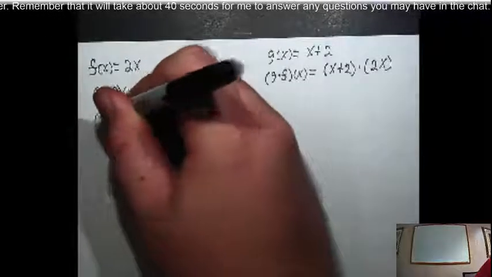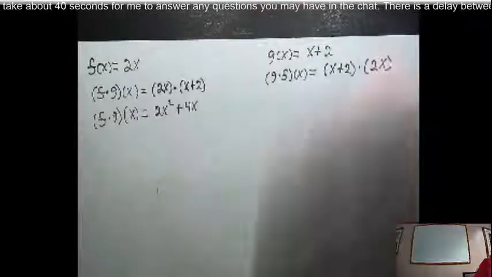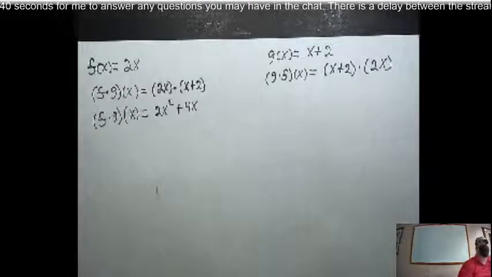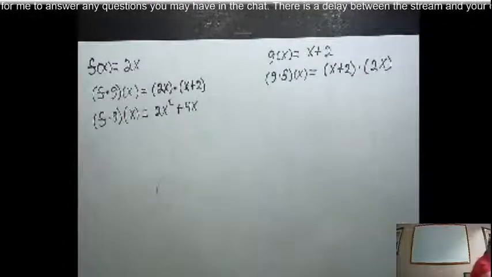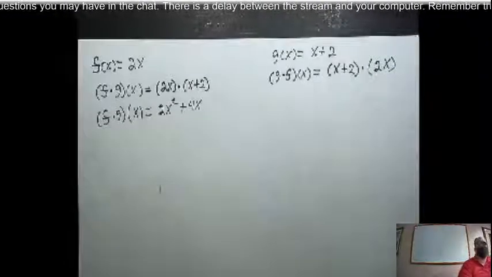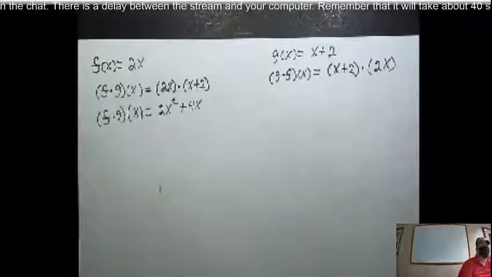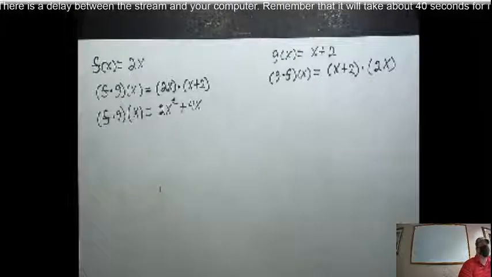And like I said, f times g and g times f would come out to have the same exact thing. So this one would also be 2x squared plus 4x.